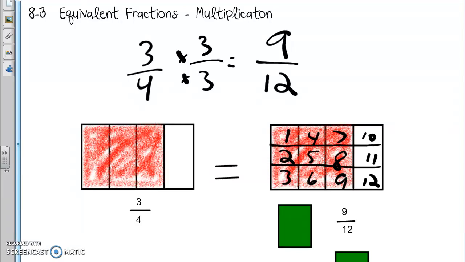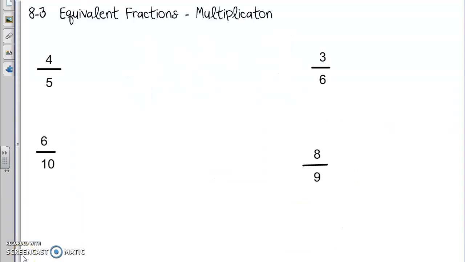On the next slide, I'm actually going to give you guys 4 problems. I'd like you to pause the video, solve them, and then resume the video. This will really see if you understand what we're learning. Okay, I want you to find equivalent fractions for 4/5, 6/10, 3/6, and 8/9.